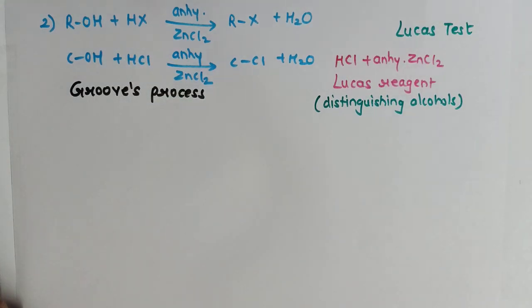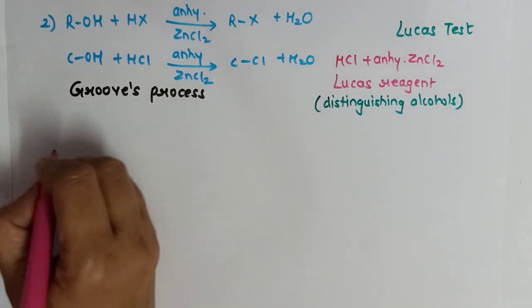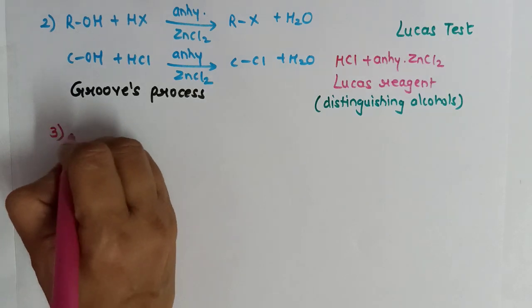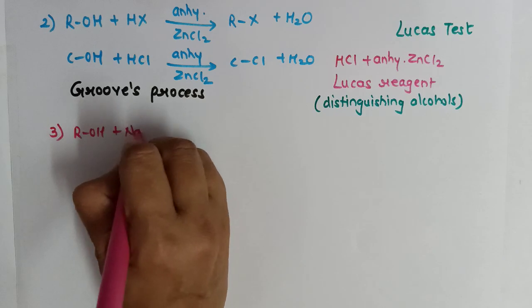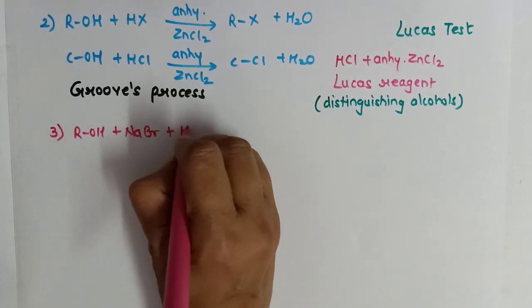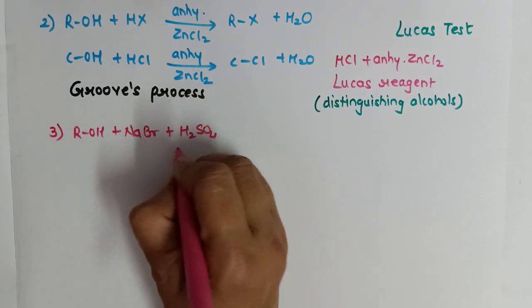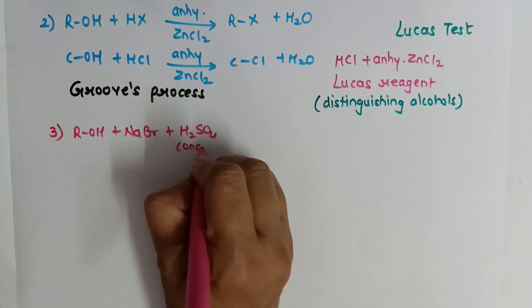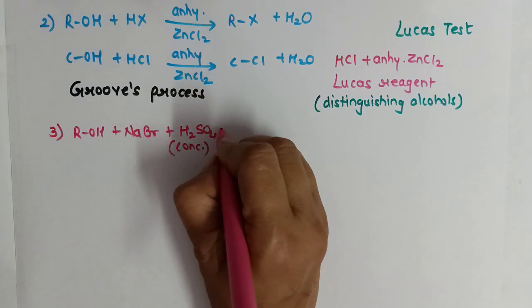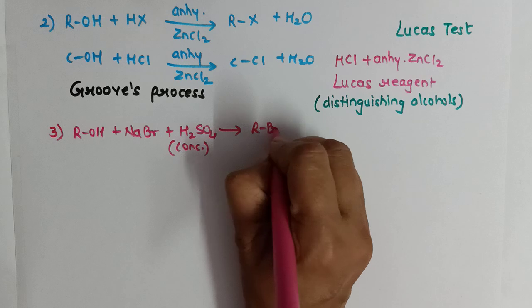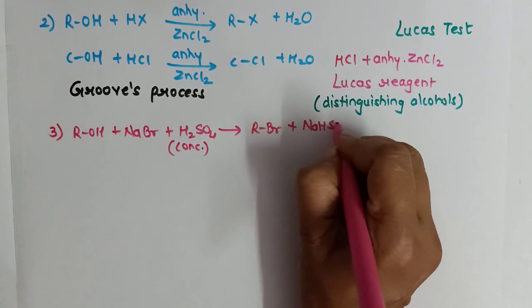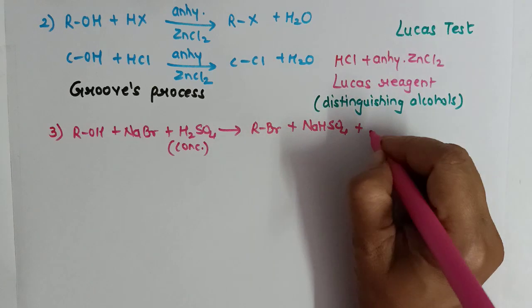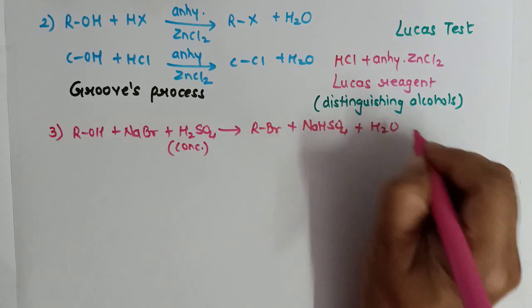Moving on to the third one. Any alcohol, if it is treated with sodium bromide and concentrated H2SO4, then we get specially bromoalkane, sodium hydrogen sulfate and water.